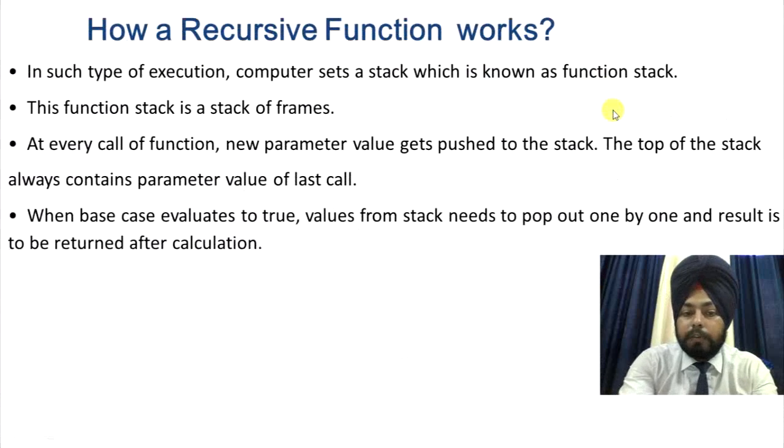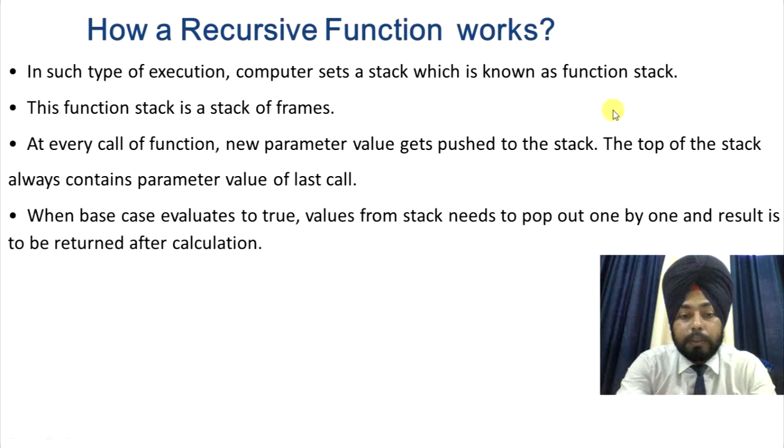In such type of execution, the computer sets a task which is known as a function stack. This function stack is a stack of frames. At every call of the function, new parameter values get pushed to the stack.